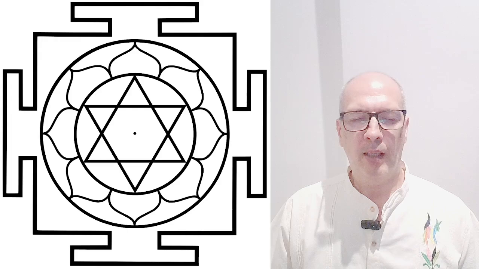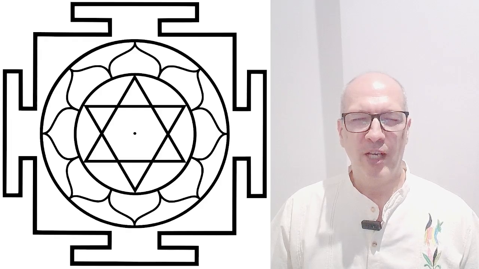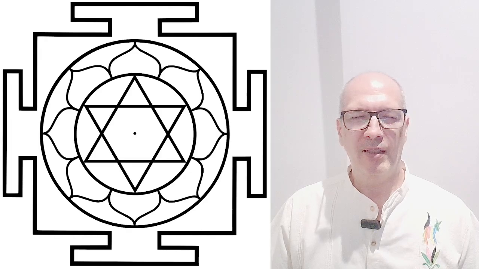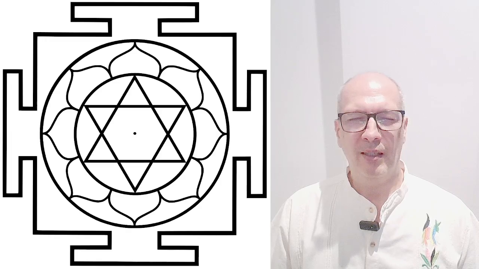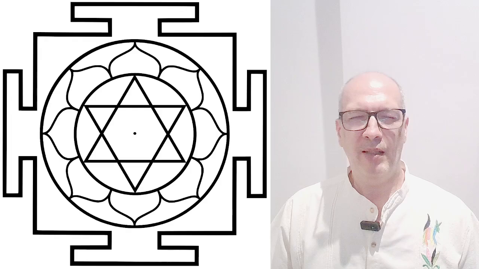And now we are ready. So we start projecting the yantra into the body by visualizing the sacred space in which we are. In front of us is the eastern gate.